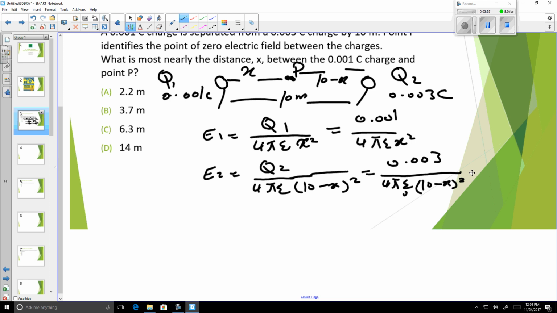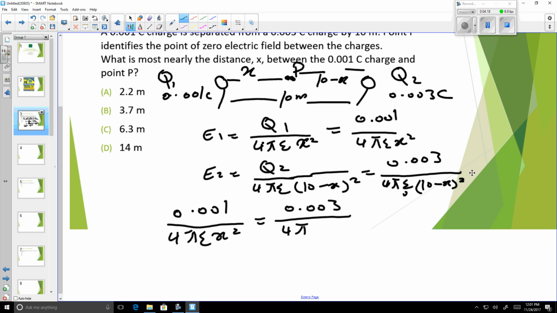Now, since the net electric field at point P is equal to 0, E1 equals E2 in magnitude. So we have 0.001, the electric field due to Q1, equal to E2, which is 0.003 over 4 pi epsilon times 10 minus x all squared.